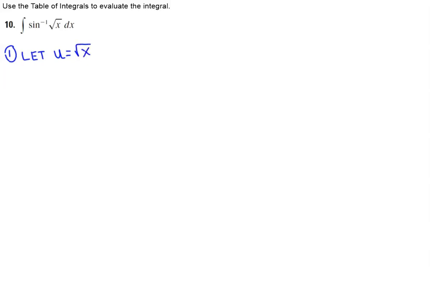Okay, and so then what is the derivative? We know that du is going to equal 1/2 times x to the negative 1/2 dx, which is then 2 du, which is equal to 1 over the square root of x dx.